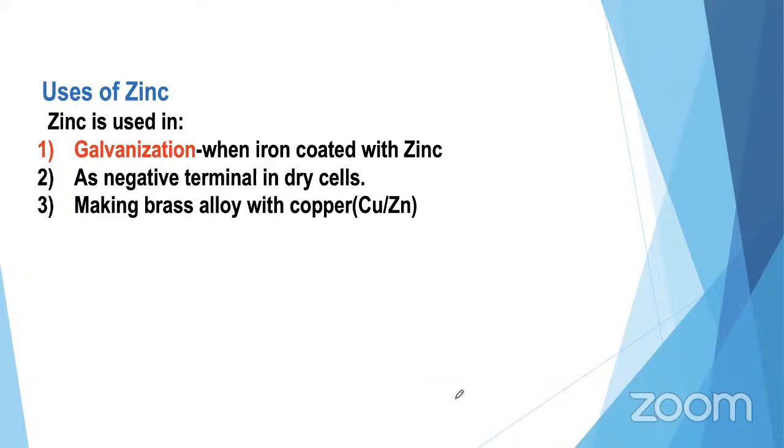In painting, when the paint is scratched off, the iron would rust, whereas in galvanization, even on scratching, it would not rust. Also used as the negative terminal in dry cells, and making brass with copper. That's very much important for you to be able to understand.